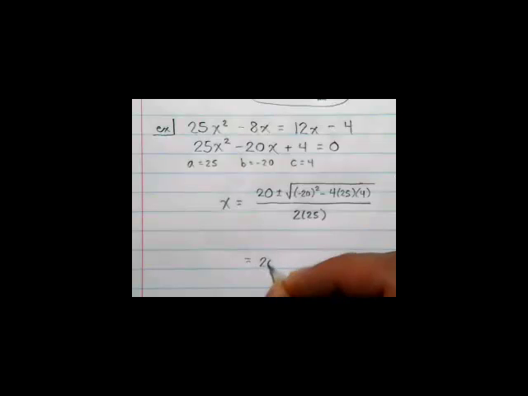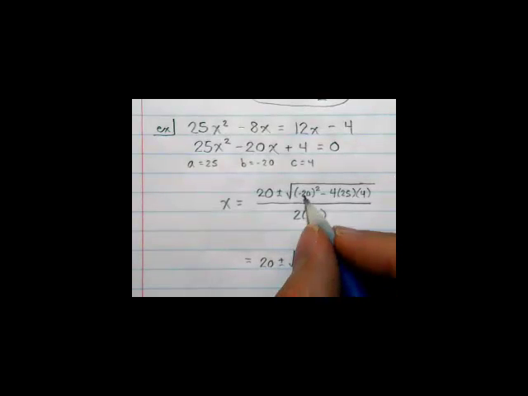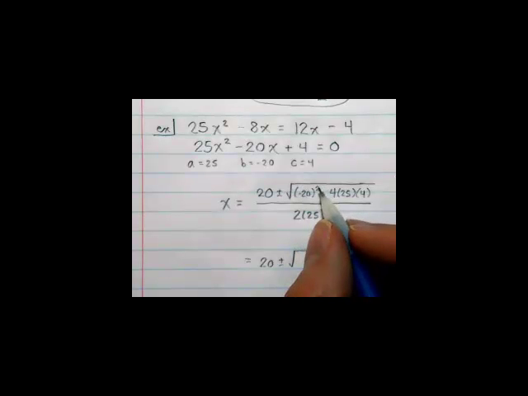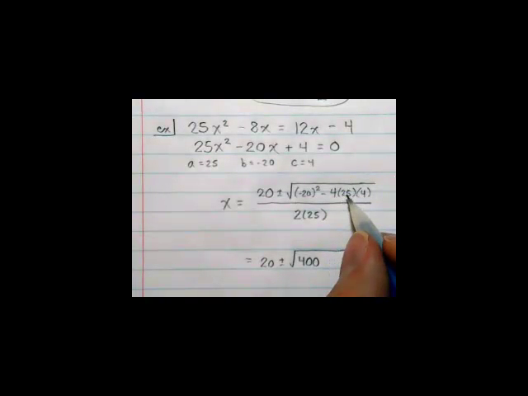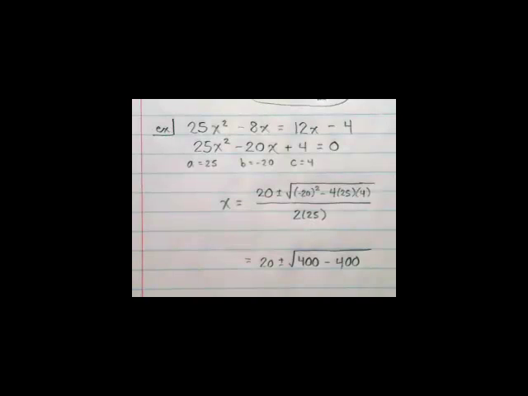So we got 20 plus or minus the square root. Negative 20 squared, 400. 4 times 25 times 4, 400. So it's 400 minus 400 under the square root then. So it ends up being 0, right?